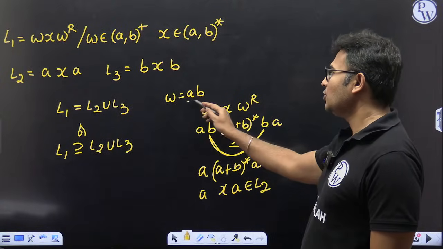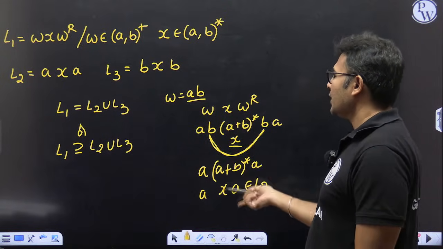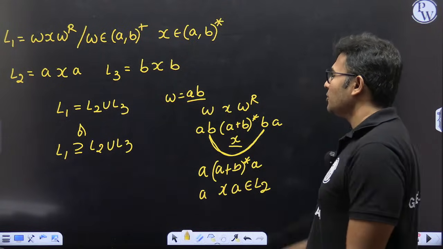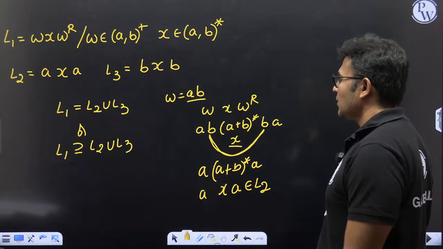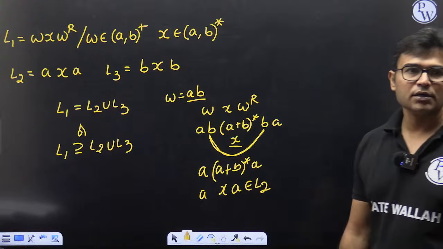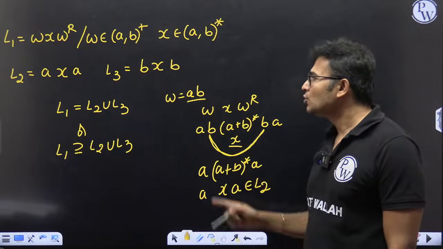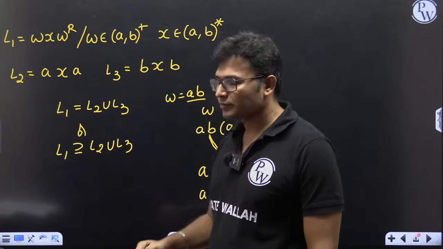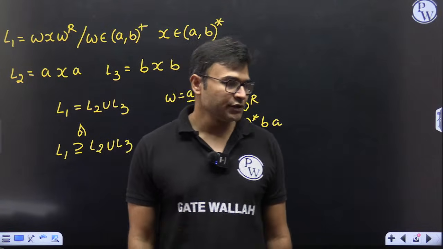If W equals ab, any string starting with a, we are able to prove that if W is anything starting with a, it belongs to L2, right? Now what string should I take as W to prove the same for L3? Answer this.